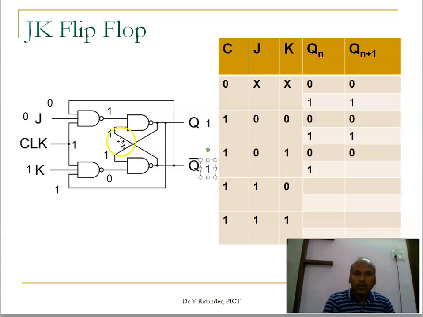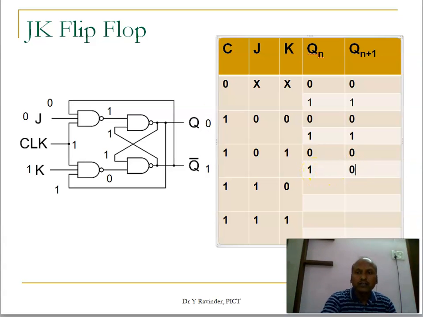Now this 1 will go here. So 1, 1, it becomes 0. So even if it was 0, the next output will be 0. Even if this is 1, the next output will be 0. So this is a reset condition. Whatever may be the previous output, the next state output will be set to 0. So this is the reset condition.